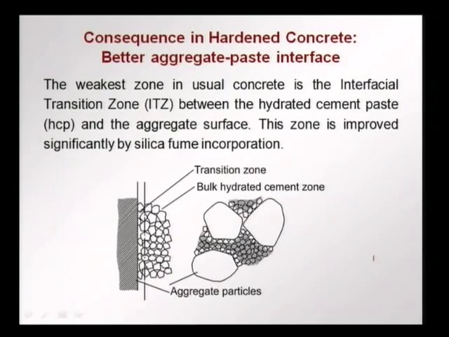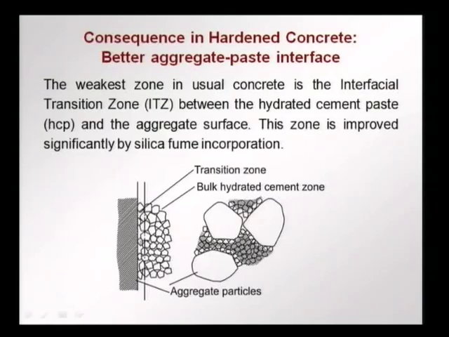Within the concrete, due to the fineness of silica fume, we find that the porosity which normally occurs between aggregates and the hydrated cement paste is filled with this silica fume. There is this transition zone which normally occurs around the aggregates, on the interface between the aggregates and the hydrated cement paste, which is generally porous.